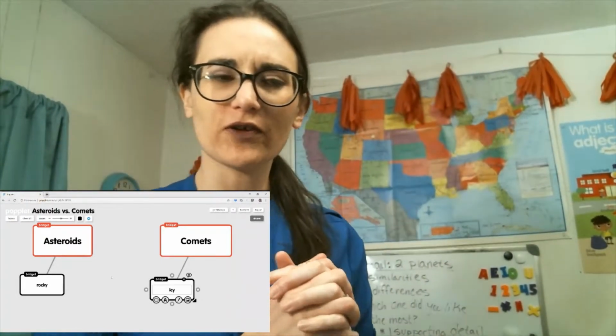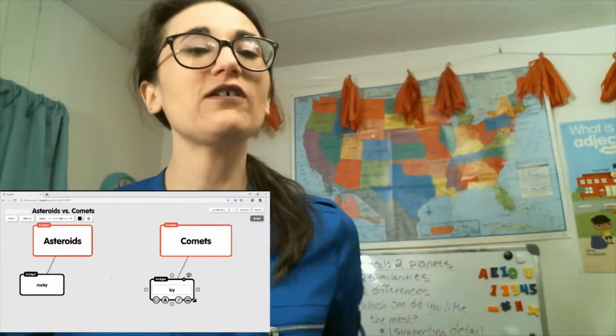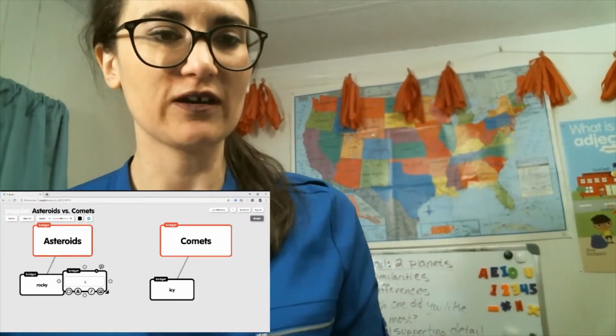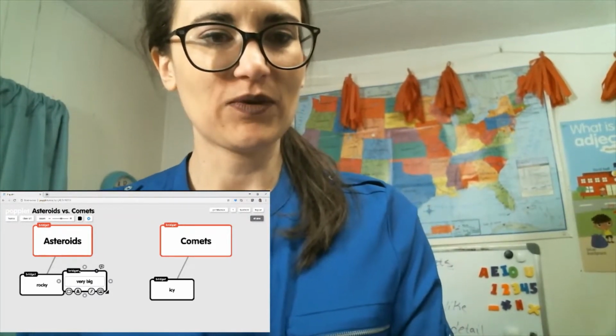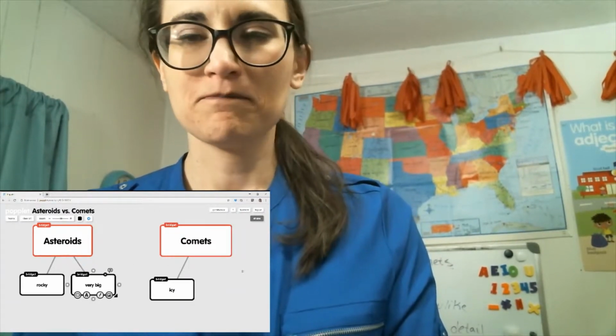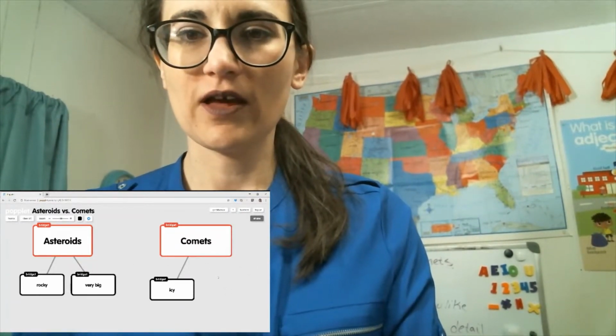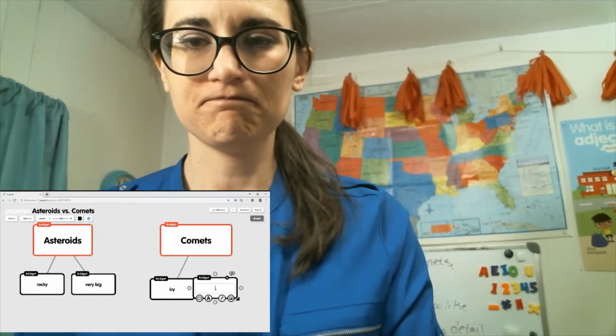Let's think of another difference. Very good. Yes, asteroids can be very big, right? Can be very big. Comets usually aren't that big, right? Okay. And so if asteroids are very big, comets are small.